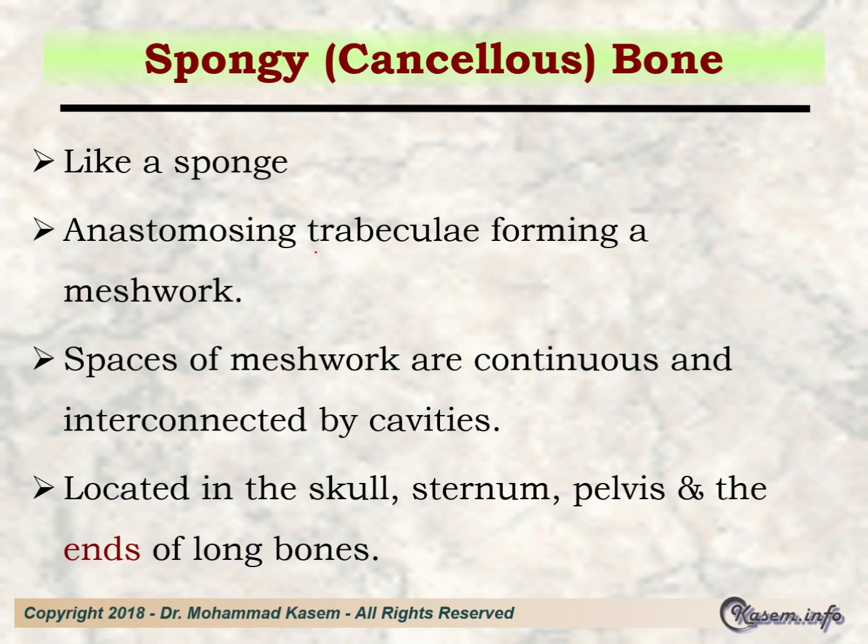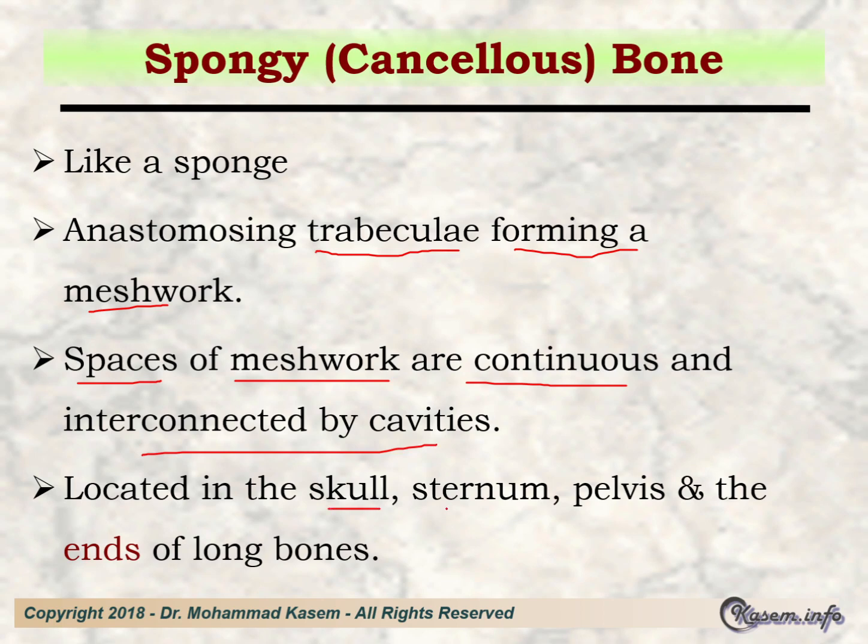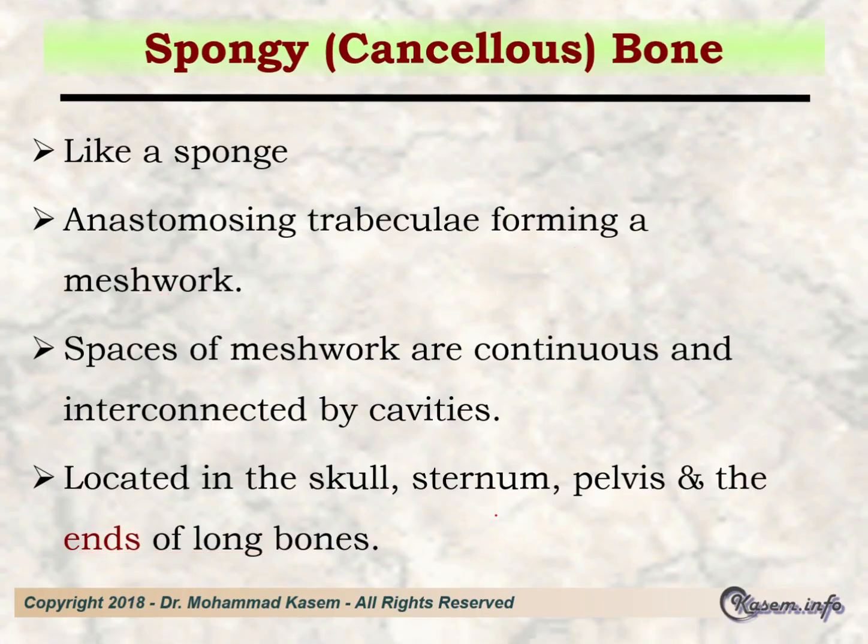There are multiple trabeculae forming a network or a meshwork. The spaces of this meshwork are continuous and interconnected by cavities. They may be found in the skull, the sternum, pelvis, and the ends of long bones.